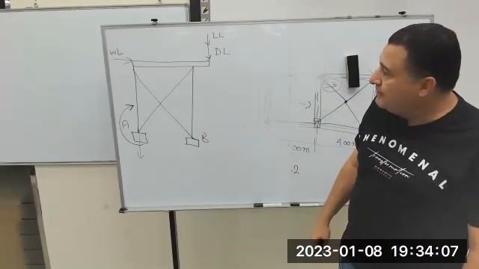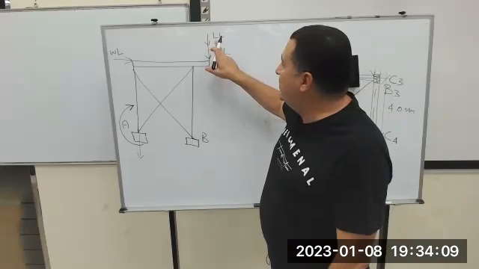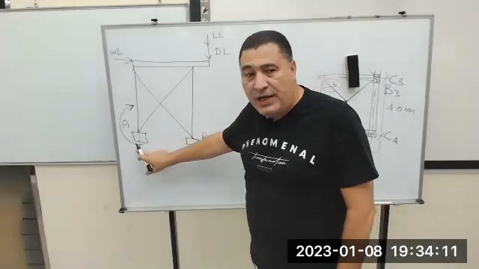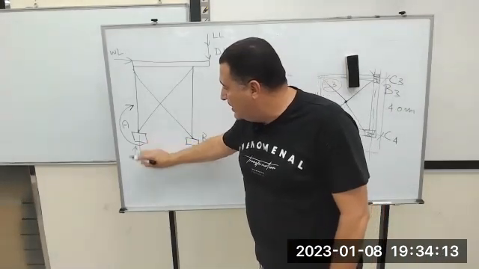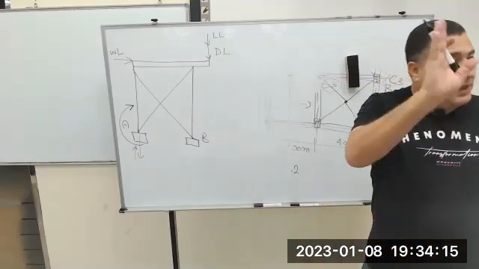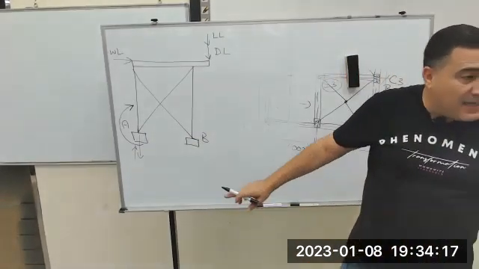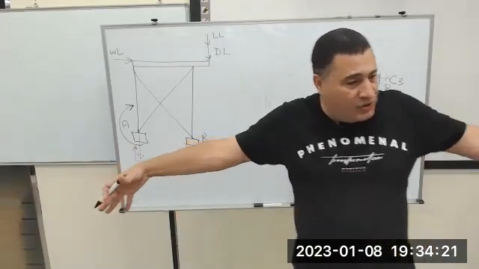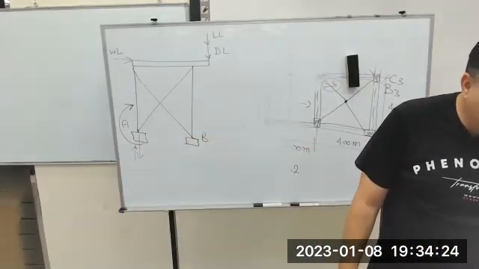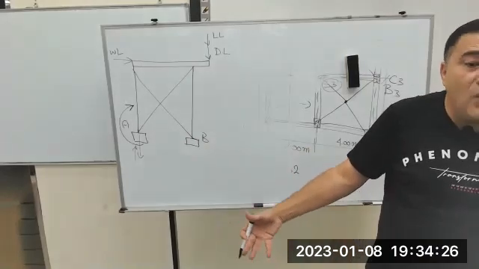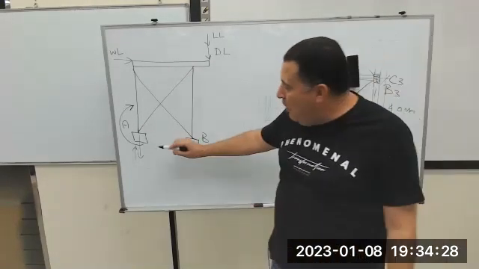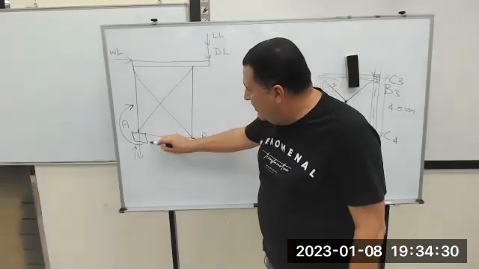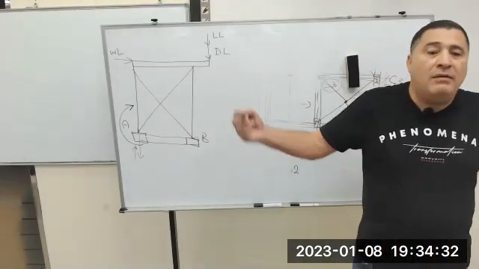And for sure, this load will give you a reaction here. So as much as you are increasing the foundation dimension, you will get more stability. Or make one foundation.